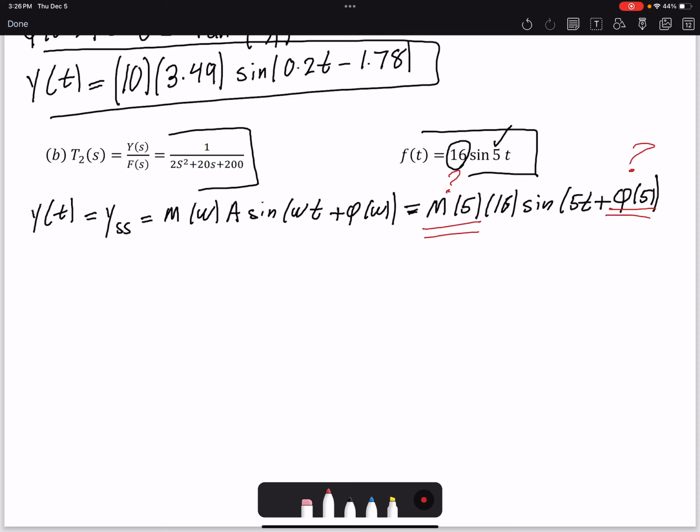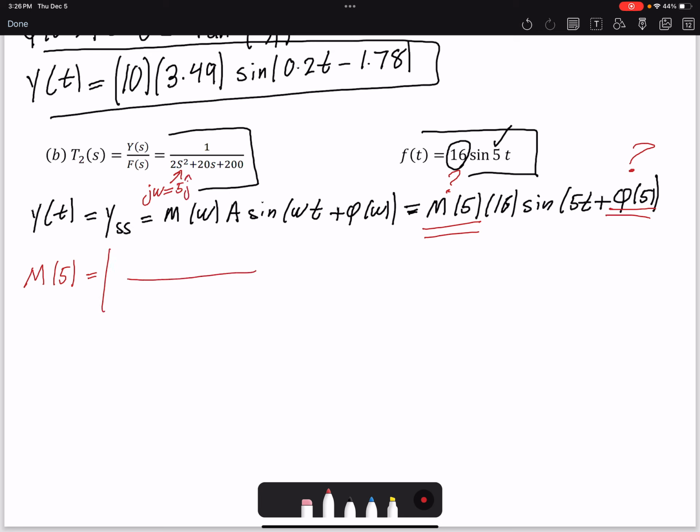Let's just start with M(5). So what do I need to do? That's the magnitude of my transfer function if instead of s I plug in jω. What is ω for us here? It is 5, so I just need to replace s with 5j.